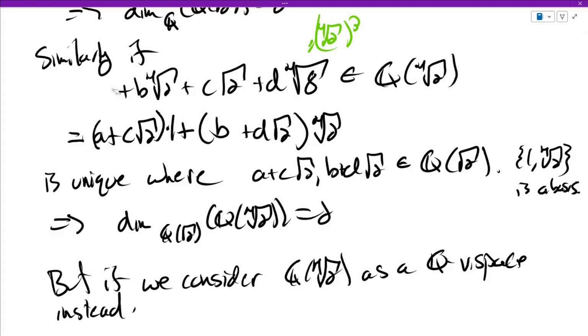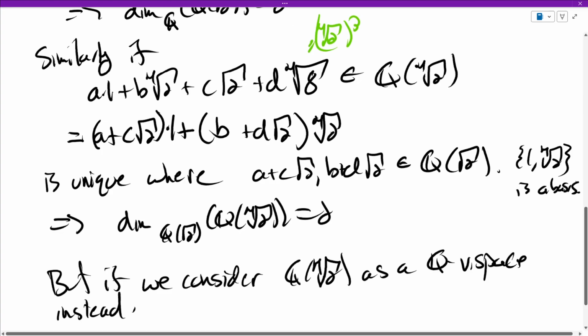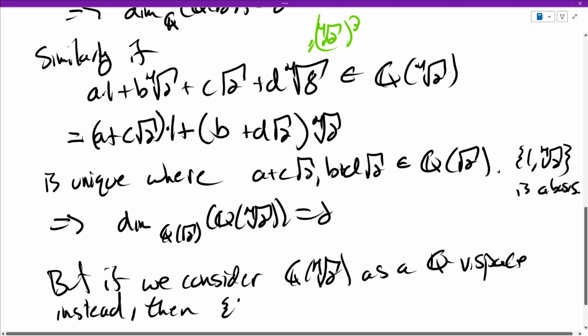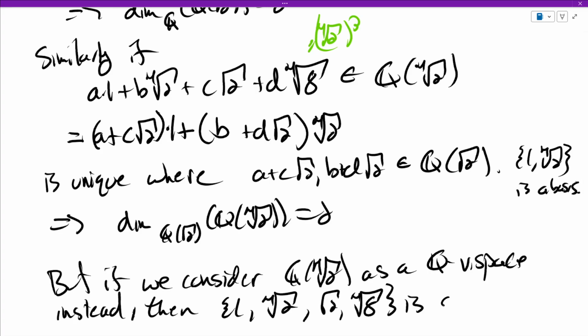Well, just like before, we still have a times 1. We're not allowed to use root 2 in our basis anymore because it's over q. So we have 1, fourth root of 2, square root of 2, fourth root of 8, which is, of course, the fourth root of 2 squared. So if we then what? Well, then 1, fourth root of 2, square root of 2, fourth root of 8 is now a basis.